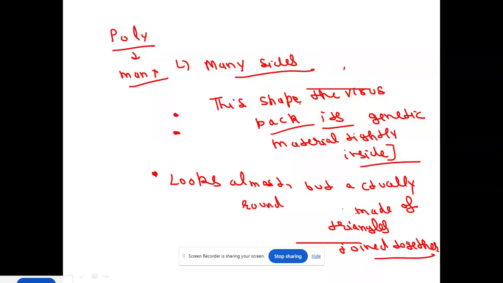So I repeat again, polyhedral means many sided. This shape helps the virus pack its genetic material tightly inside. It is almost round, but actually made up of many triangles joined together. So I can say that triangular faces are there, having a particular arrangement.